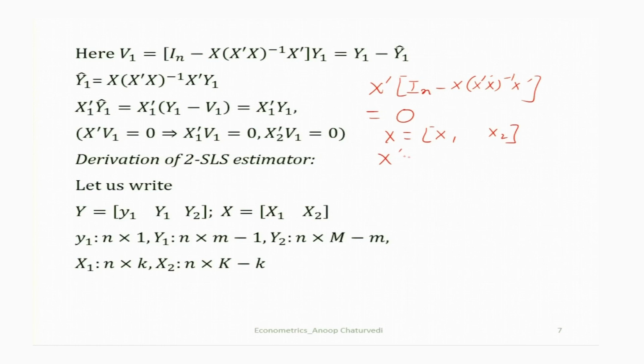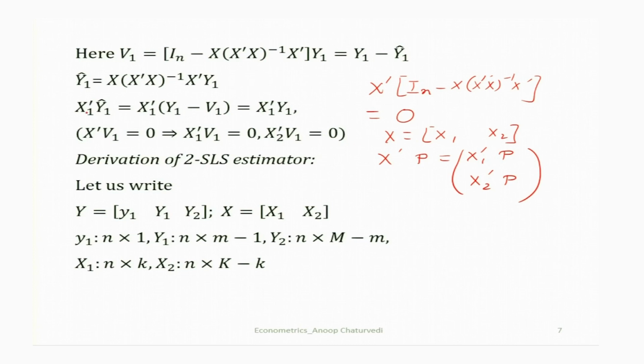So, suppose you write this matrix as P, then x transpose P is equal to x 1 transpose P, x 2 transpose P. So, both are 0, and this implies that x 1 transpose V 1 is equal to 0, x 2 transpose V 1 is equal to 0.